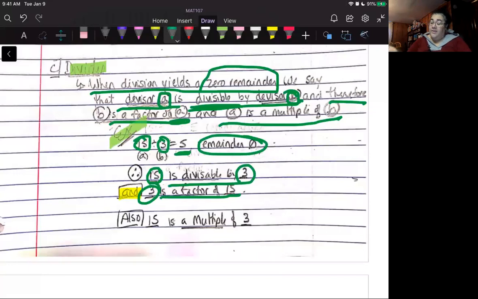And it also fulfills this definition: obviously 15 is a multiple of 3. Remember that a multiple simply means we can take 3 and multiply it by something and get 15. And sure enough, we take 3 and multiply it by 5 and we get 15.